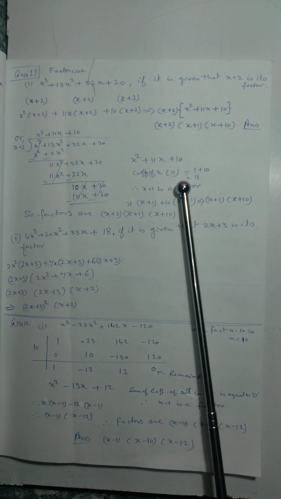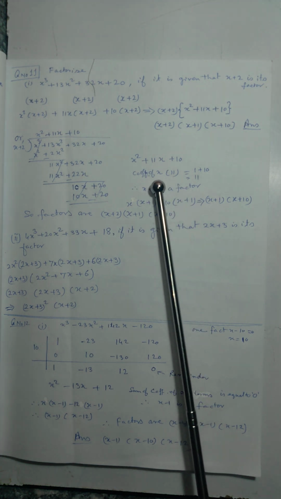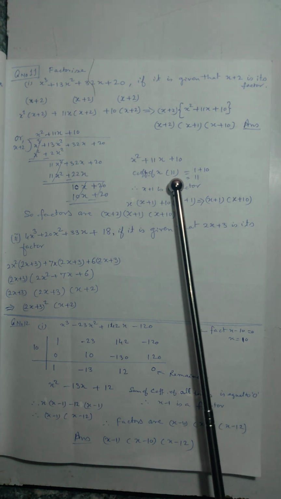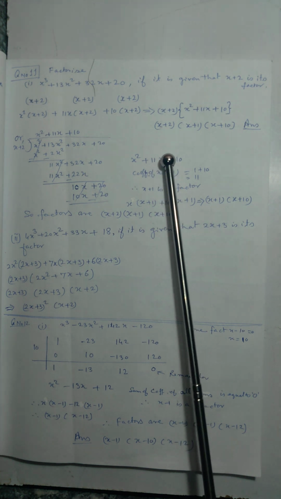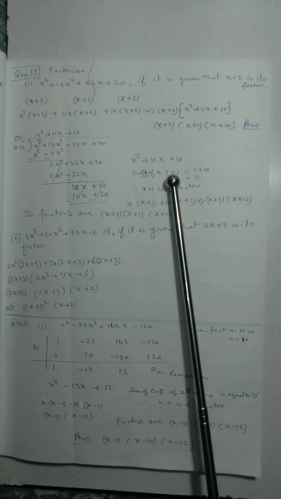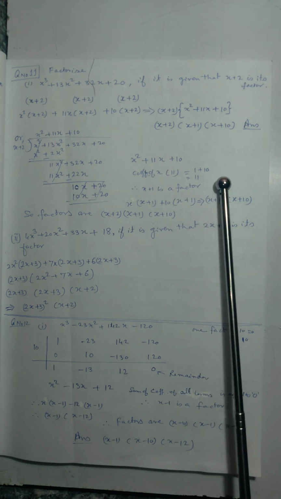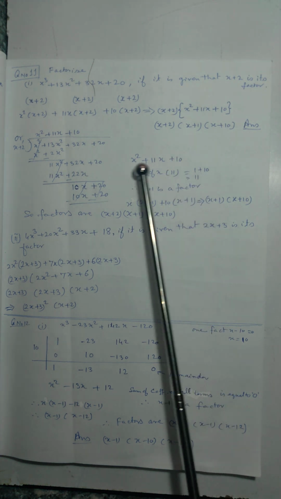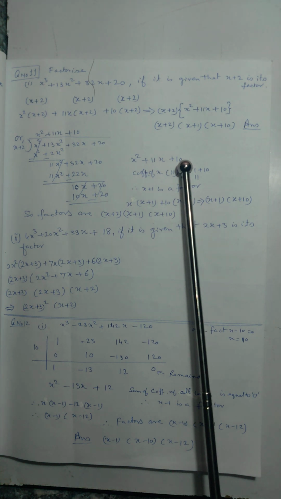You see here, the coefficient of x, that is 11, is the odd power. What is the degree of x? That is 1, that is odd power. So the coefficient of x is 1 plus 10, and the coefficient of x square is 1 and it is 10.